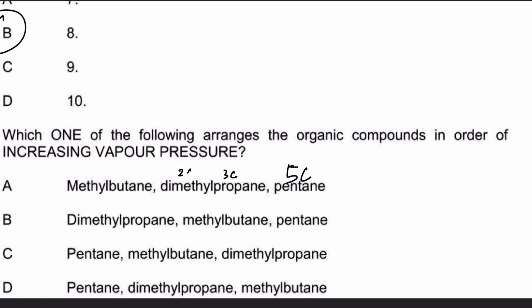So that's 2 carbons plus 3 carbons, which is 5 carbons. And likewise for methyl butane, butane has 4 carbons, and a methyl group on it adds 1 carbon. So we have 5 carbons here. All these compounds have 5 carbons, but it's the number of branches that change.